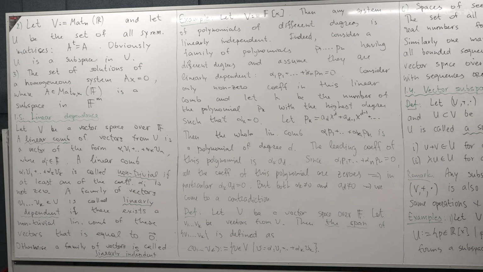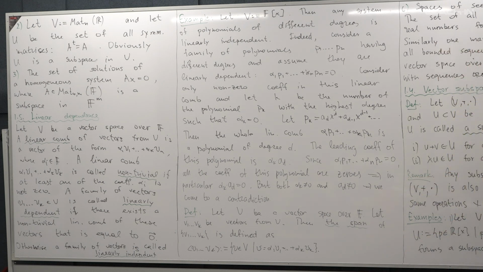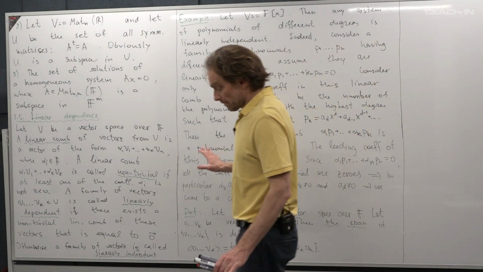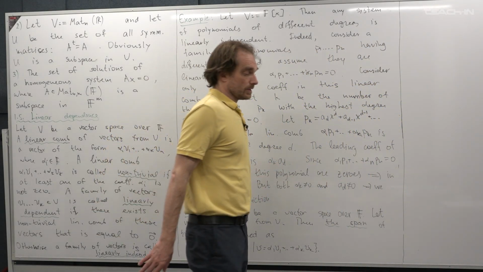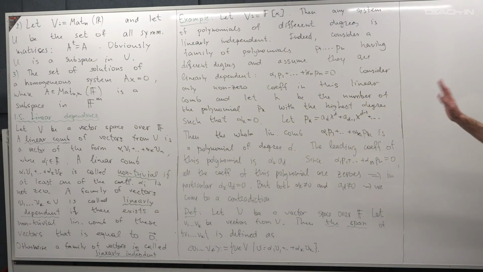So exactly as in the case of the coordinate space, the set is called the span of vectors. And I will be very brief because we have already discussed all these things in the coordinate space Rn, and everything is similar here.